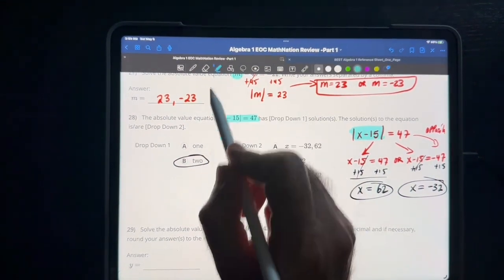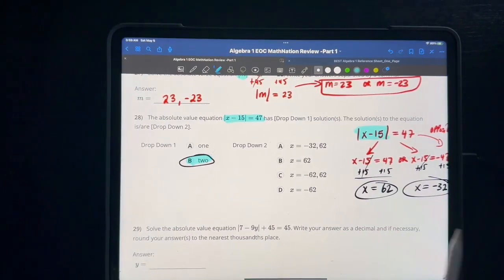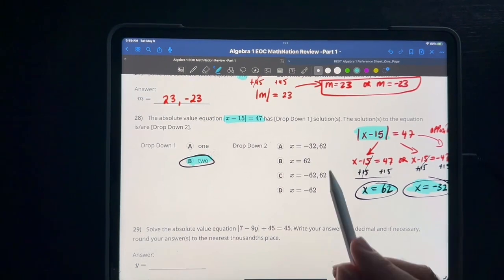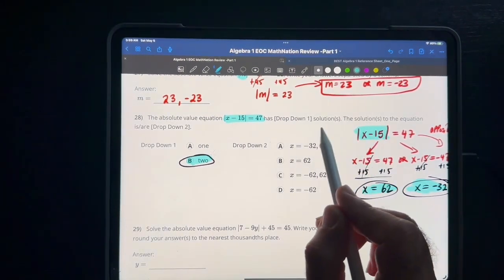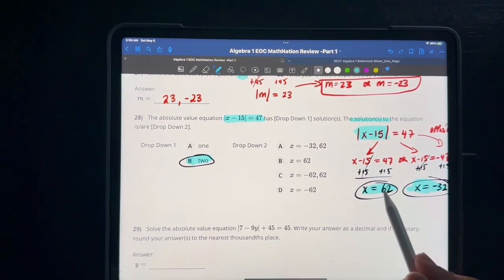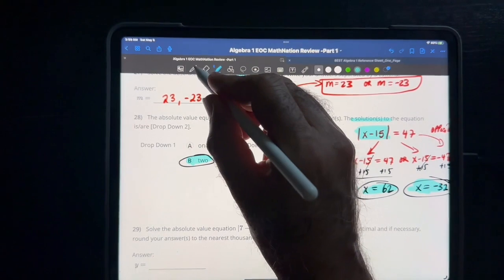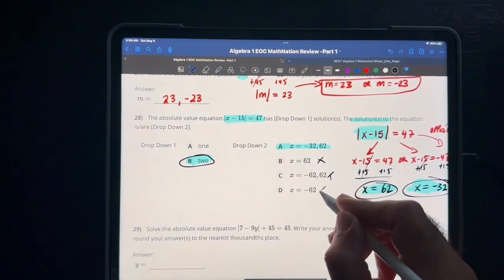For instance, if this ends up to be equal to 0, then it will be 1. So this has 2, I just got two solutions here. And then the second drop down tells you what the actual solutions are. Well, it's what we just got here. Good. So it's not that, it's not that, it's not that.